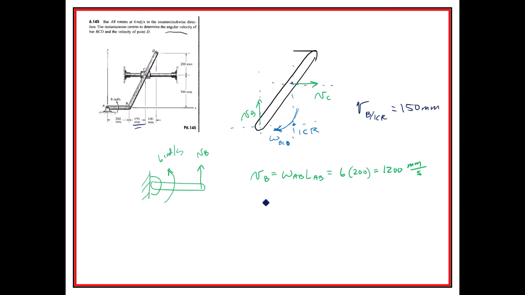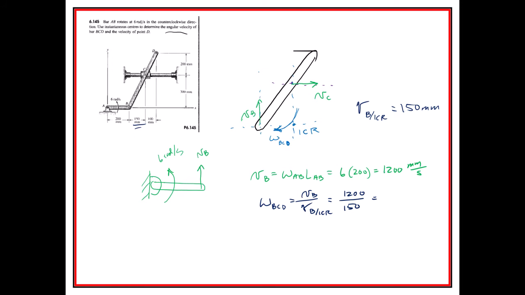So we could find that the omega BCD is going to be equal to VB over RB with respect to ICR, or just the 1200 divided by 150.